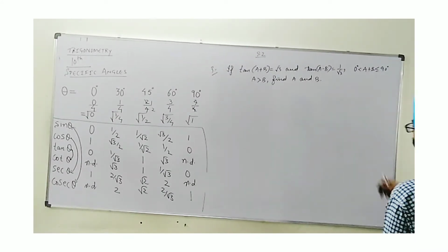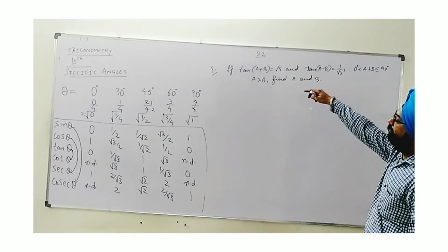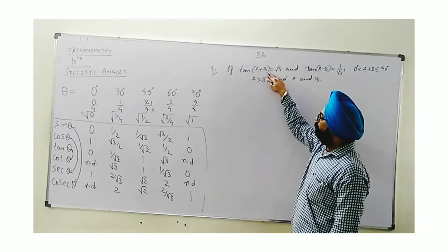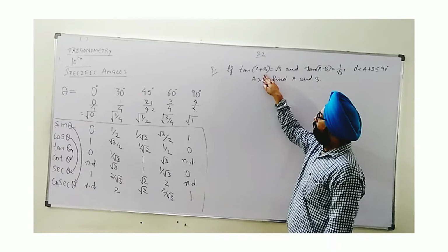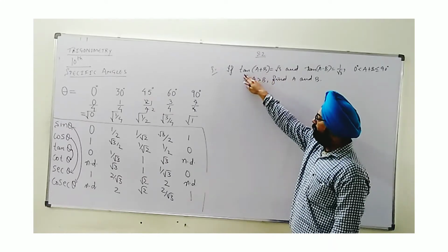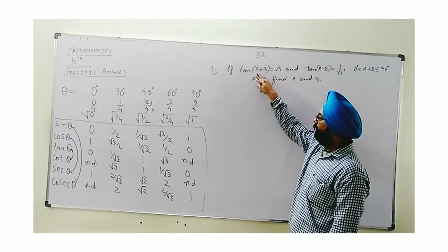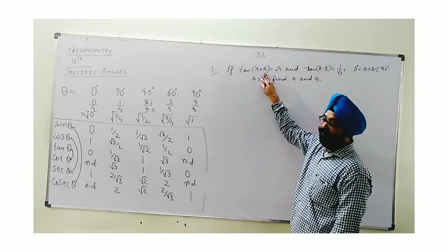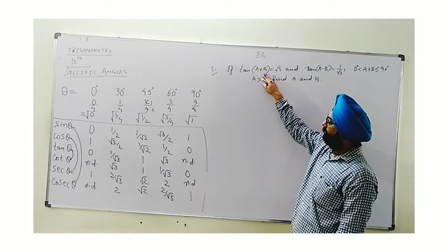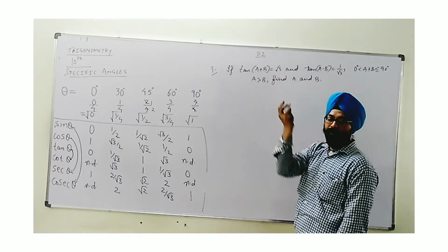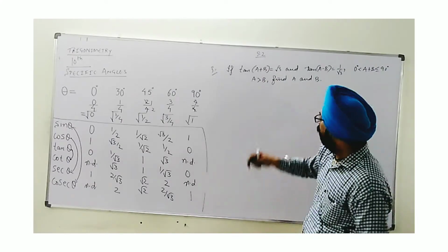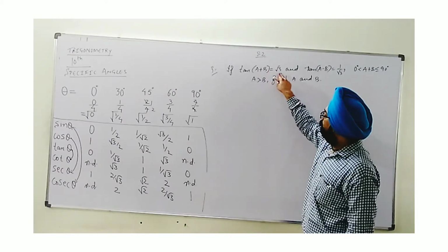As in question number 3, we see that it is given tan(A plus B), sum of A and B. Don't forget, whenever we are taking this ratio with some value, these are angles. Whether they are sum or they are being taken, A plus B will give you a value of an angle. So this will give us root 3.